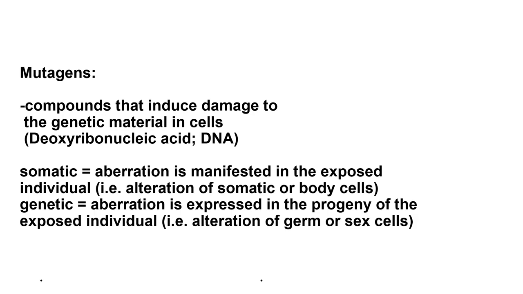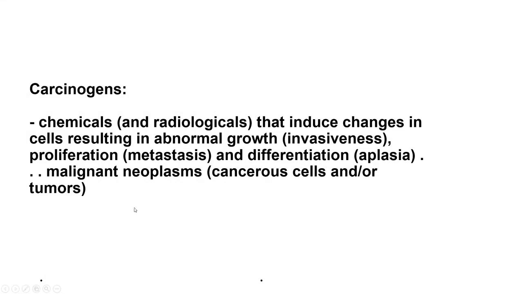But mutagens are a little different mechanistically in that they result in actual changes to genetic information, either directly or indirectly. And the most common one of concern are the carcinogens, the cancer-causing substances, primarily chemicals and radiological agents. But in recent years, there's more indication that even biological agents, specifically some viruses, can be linked to cancers.